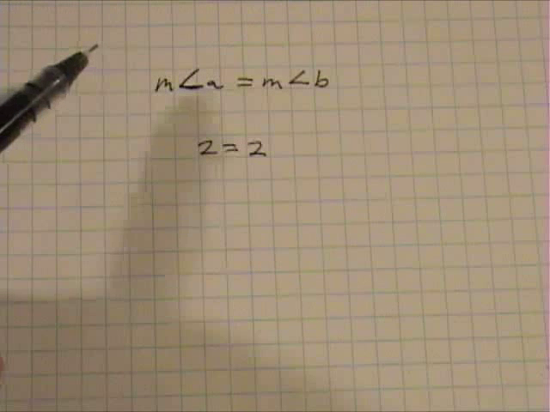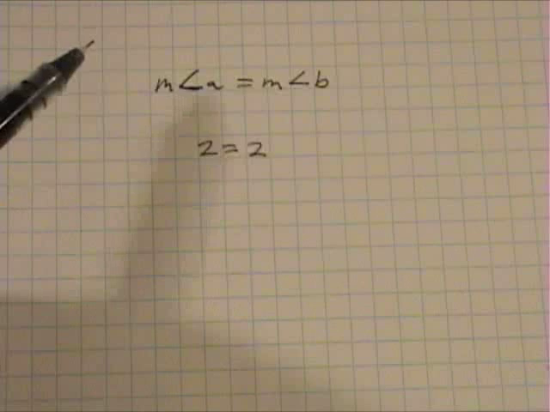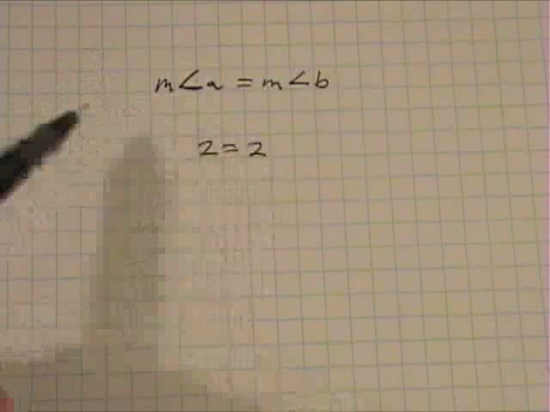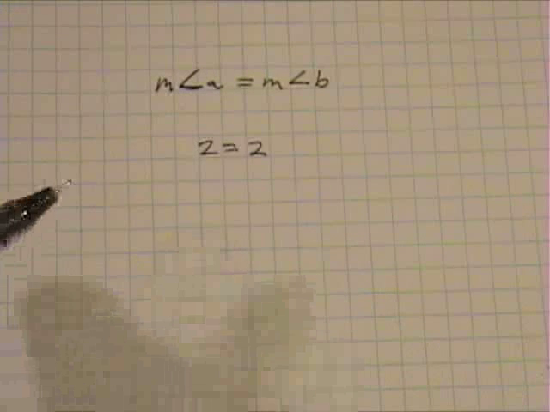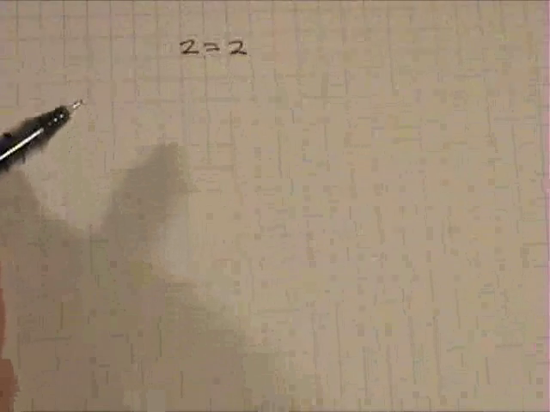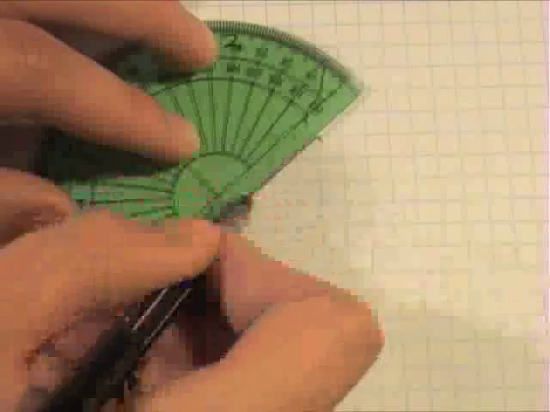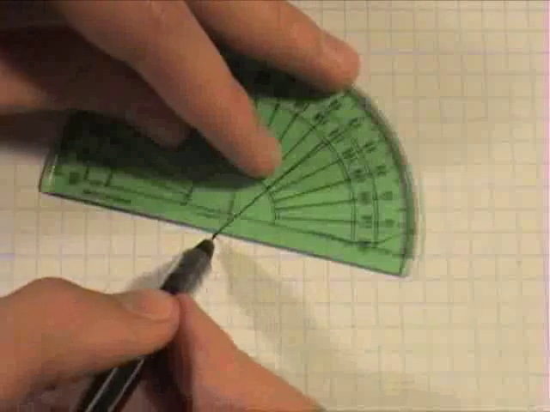Now there are a few other properties. One is the partition property. The partition property just means when you have, say, two angles. I'm going to write two angles out here.